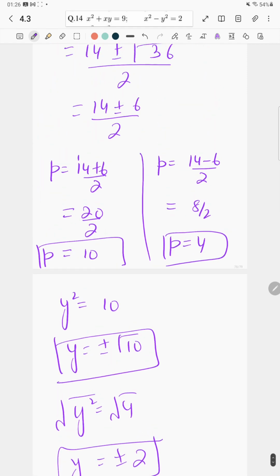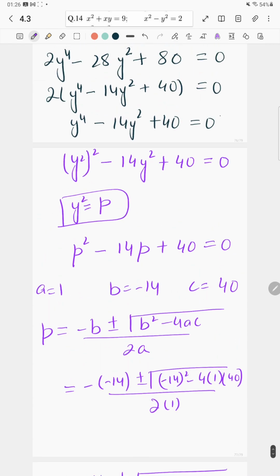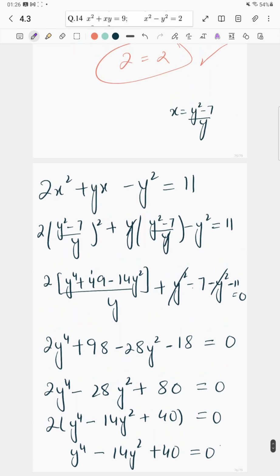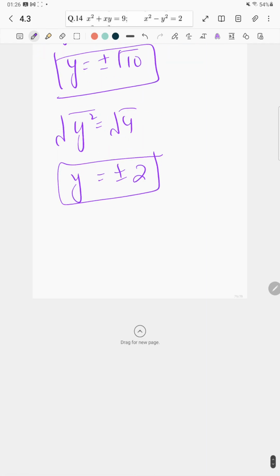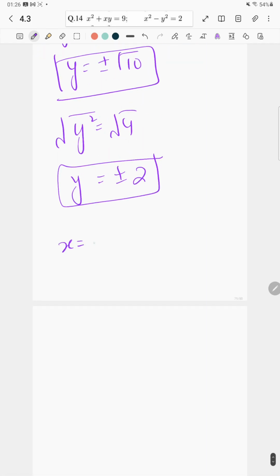So we got the 4 values for y, and to find the value of x we have x is equal to y square minus 7 over y. Now we are going to put the values of y separately. Y is equal to 2. So it's going to be 2 square minus 7 over 2, which is equal to minus 3 over 2.